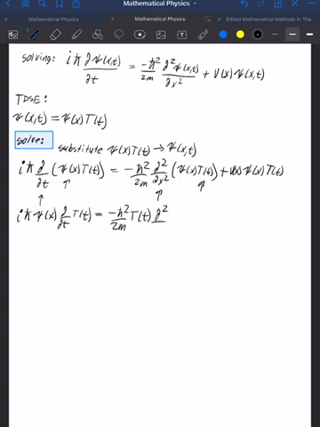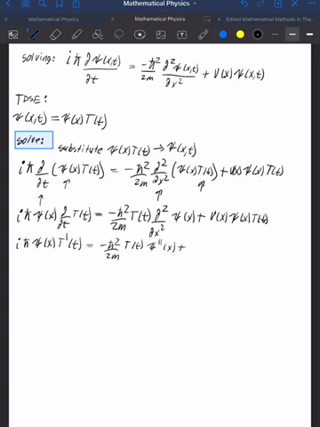So we get partial x squared of psi of x plus V of x psi of x T of t. Taking those derivatives respectively, we get i h bar psi of x T prime of t is equal to minus h bar squared over 2m T of t psi double prime of x plus V of x psi of x times T of t.